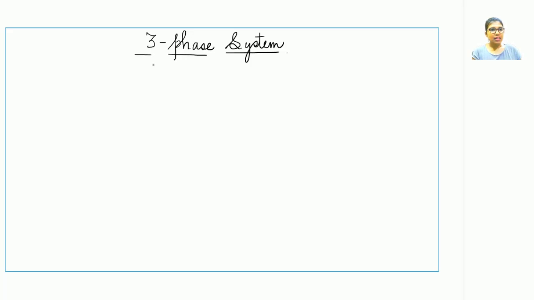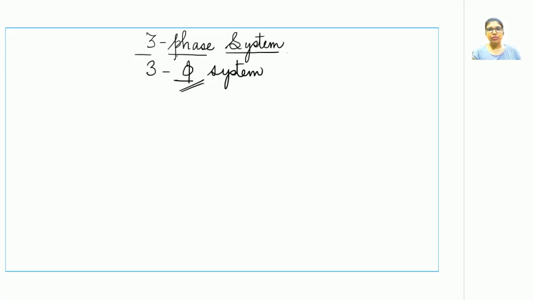Three-phase system is otherwise written as 3-phi system, with the symbol of phi representing the number of phases. This lecture is basically focused on the introduction of three-phase system and its following attributes.